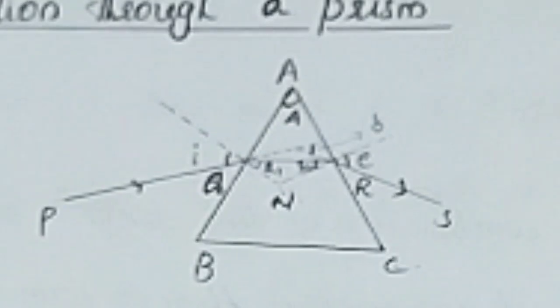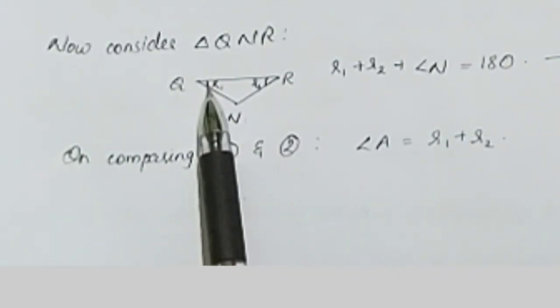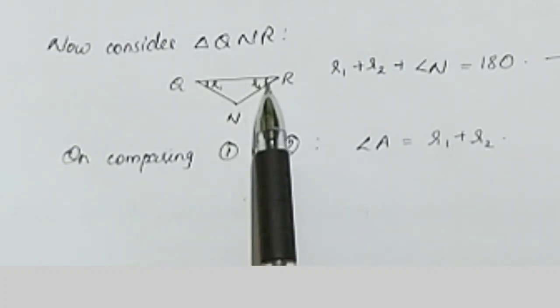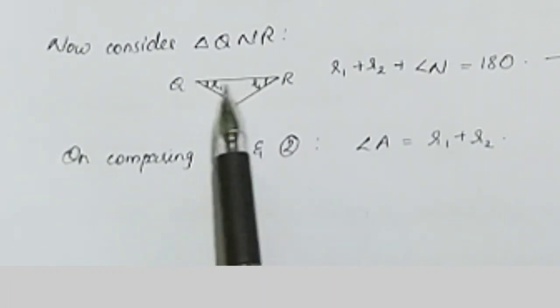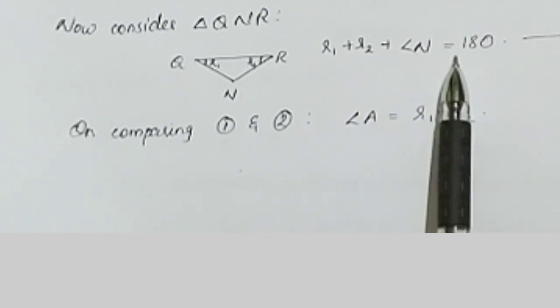Now in the figure we are going to consider the triangle QNR, the small triangle formed by the points Q, N and R. If we analyze the triangle QNR, we can see that two angles of this triangle are the angles of refraction R1 and R2, and the other angle is angle N. And we know that the sum of the angles of a triangle is 180 degrees. Therefore R1 plus R2 plus angle N is 180 degrees.